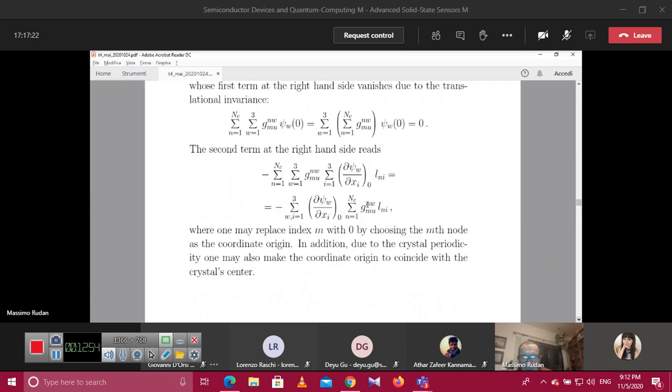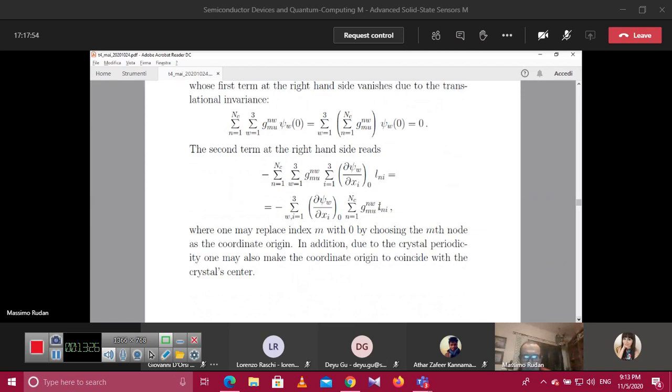It follows that one half of the vectors in this sum, since the sum is carried out over all cells of the crystal, one half of these vectors will be on the right of the origin, so they will be positive. And the other half of these elements, L and I, will be on the left of the origin, so they will be negative.